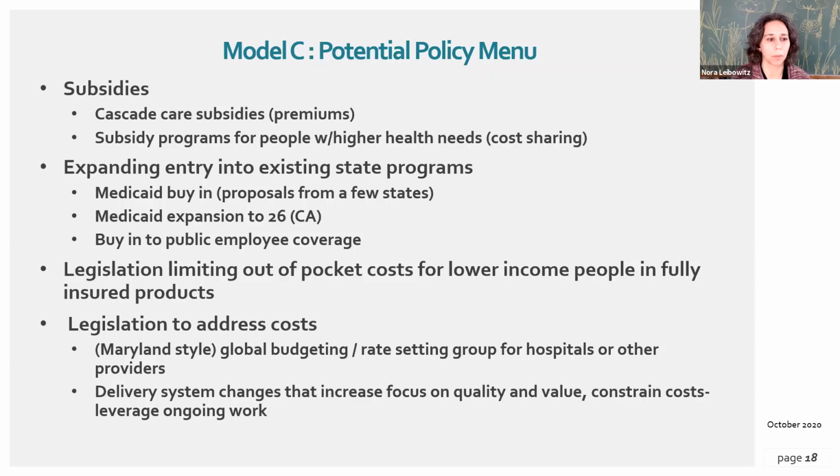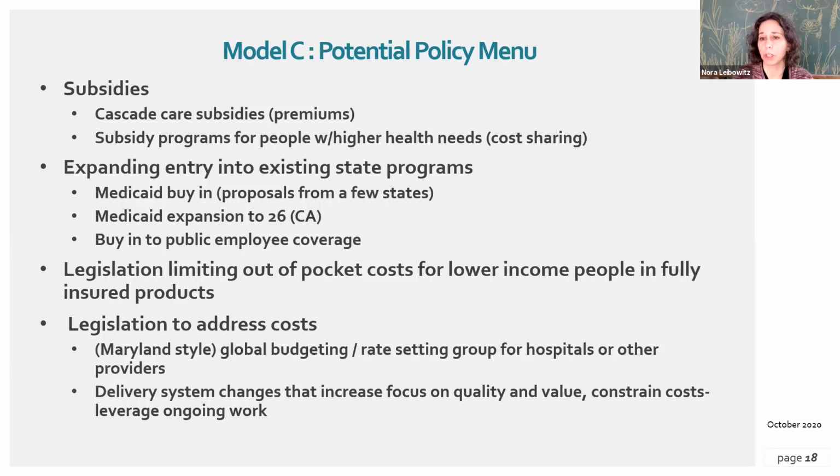And then to get at other ways of addressing costs that are less about individual coverage and more system-wide efforts: we've talked previously about Maryland's rate setting, starting in the hospital area, where all payers pay the same rates for hospital care, whether it's Medicaid, Medicare, commercial, et cetera.